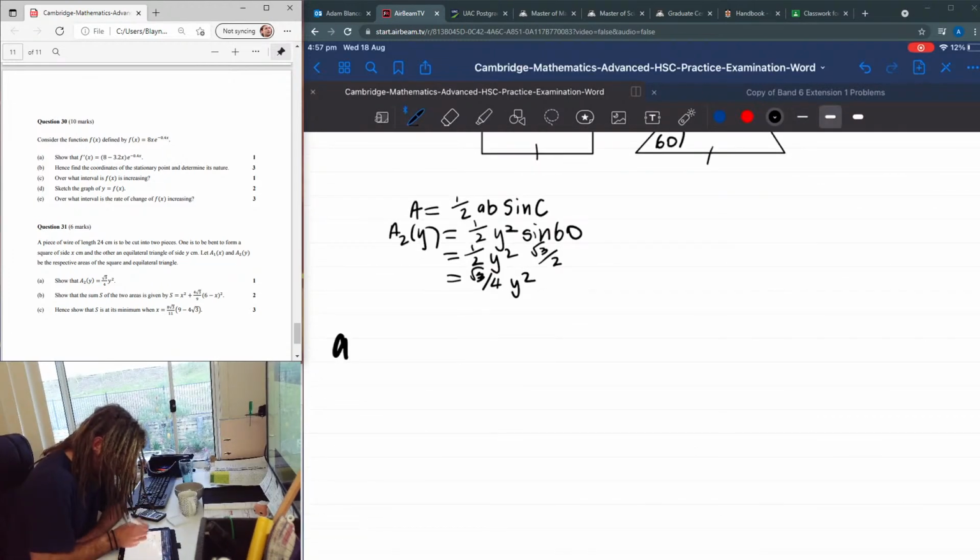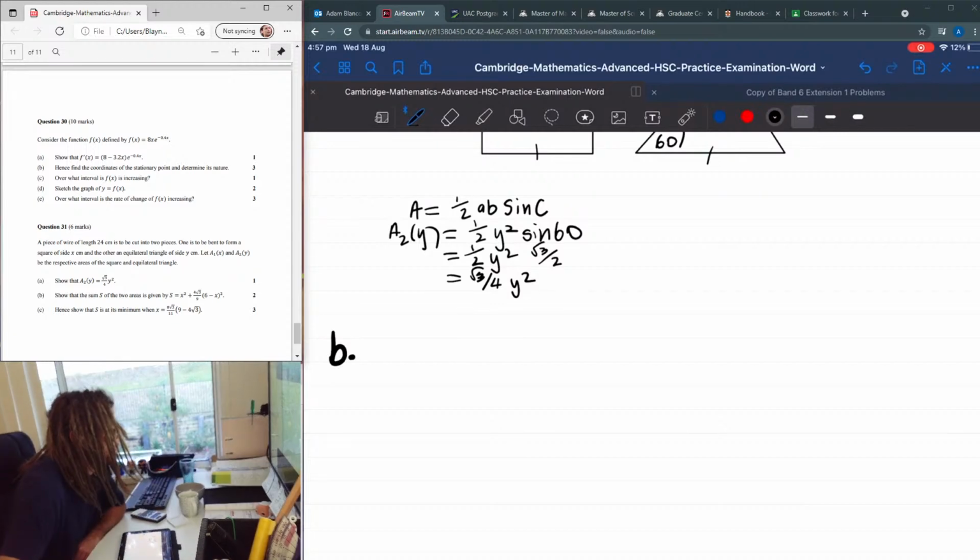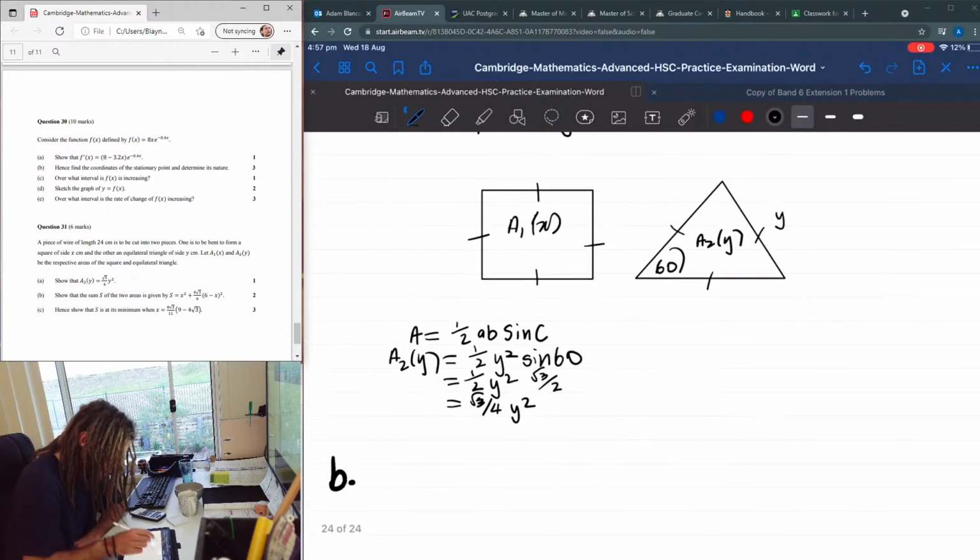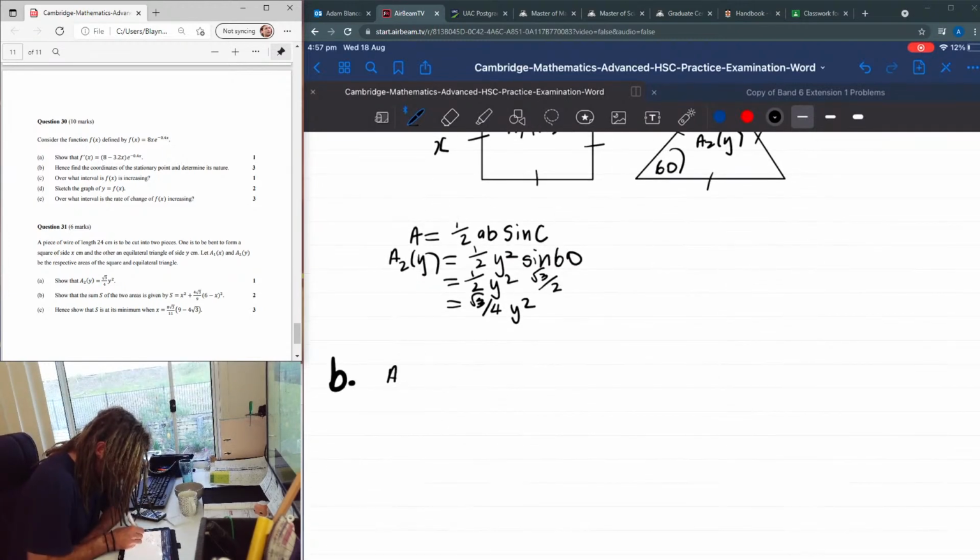Okay. B. Show that the sum of the 2 areas is given by... Okay, well that's not too bad because it tells me that the side length of this is x. Okay, so A1x plus A2y.